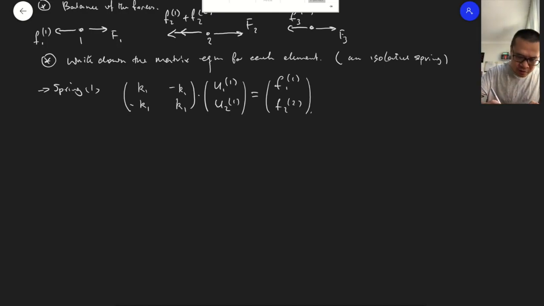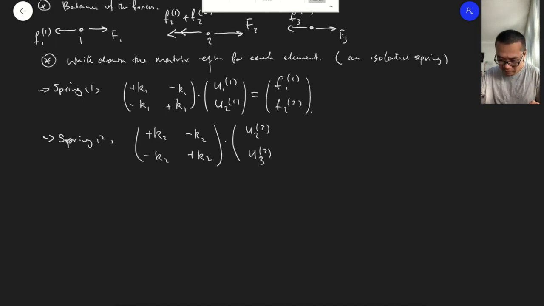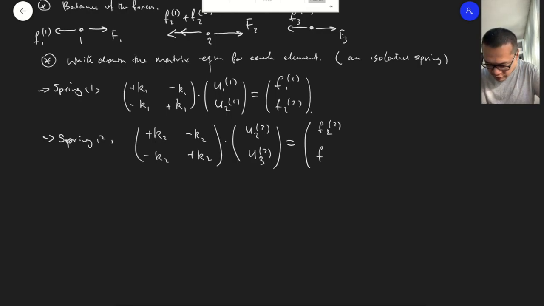And similarly, for spring 2, we will have [K2, -K2; -K2, K2] times [u2, u3] on spring 2 equals [f2, f3] on spring 2.